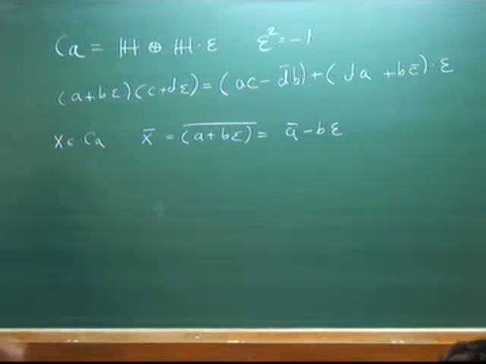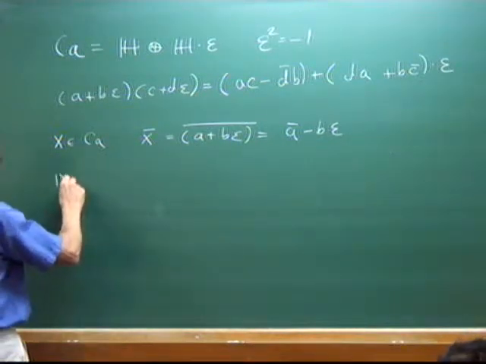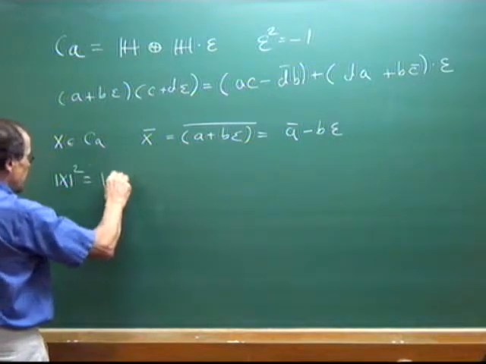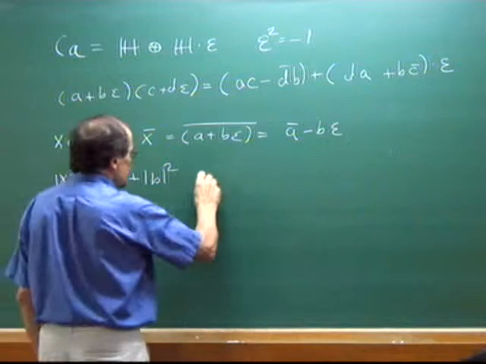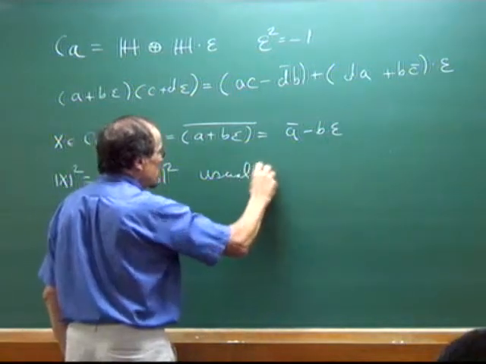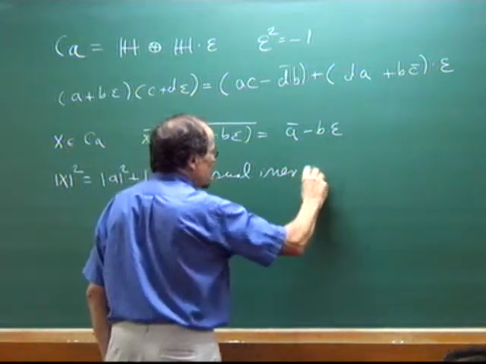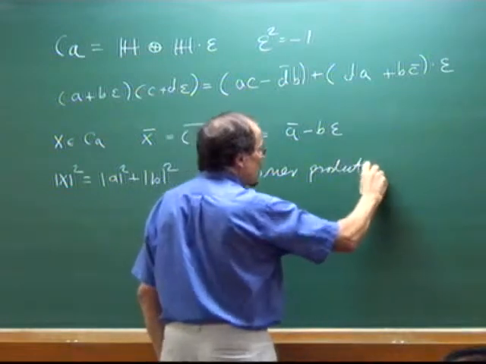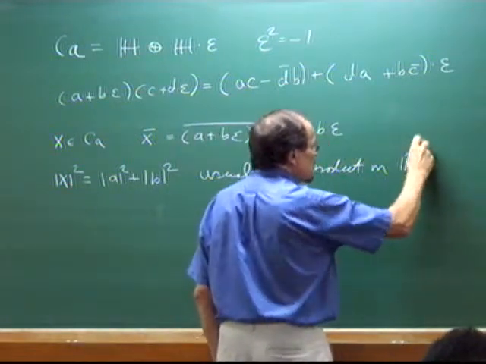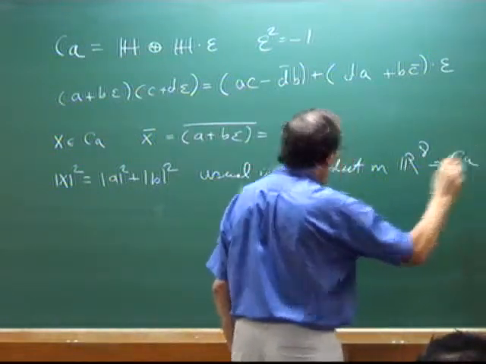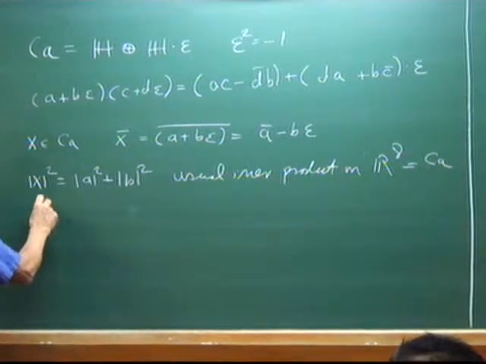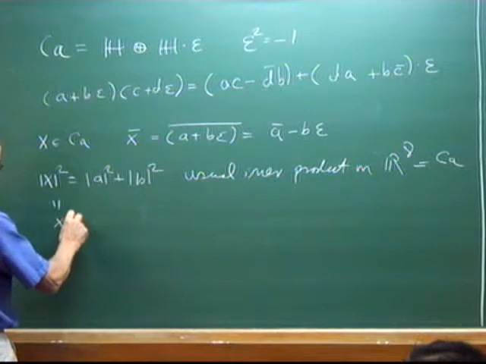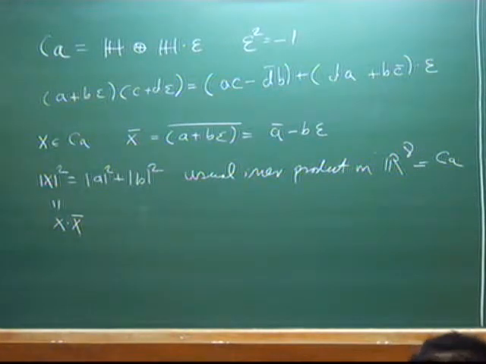Then we said that the norm of x squared is defined as the norm of a squared plus the norm of b squared. So that's the usual inner product on R8. And then we saw that this is also the same thing as x times x bar, using this conjugation. Okay.